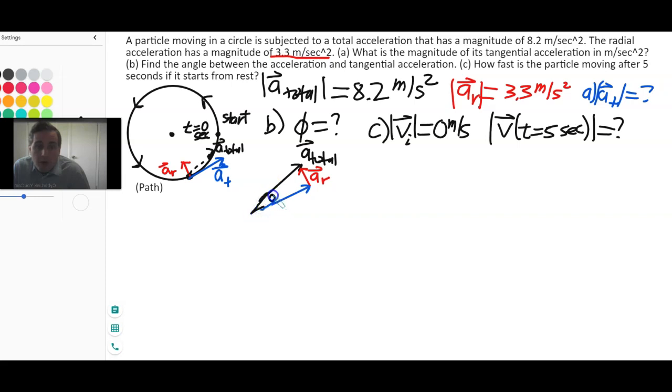Where this is phi, and then we know that the hypotenuse is given by A total, and then AR is the opposite leg from phi, and then AT, the tangential component, is the adjacent leg to this phi.